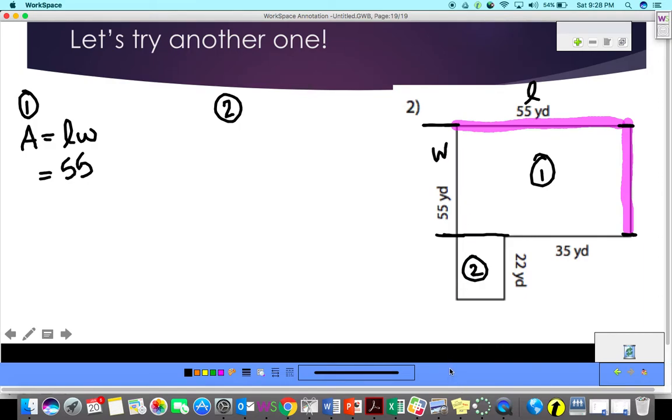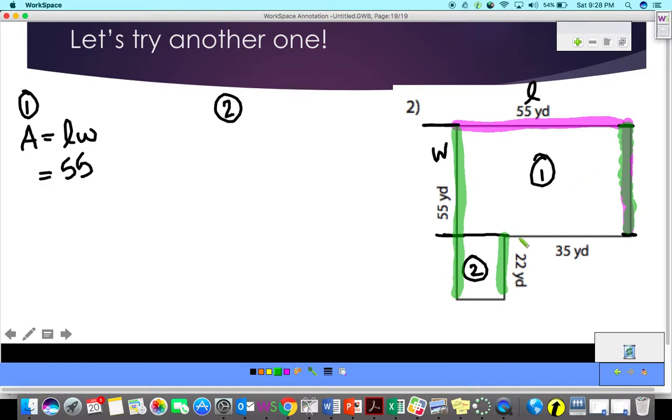So thinking back to what we do when we have missing sides, we need to find the sides that are parallel to it. So if I'm looking for this side right here, the sides that are parallel to it are 22 and 55.